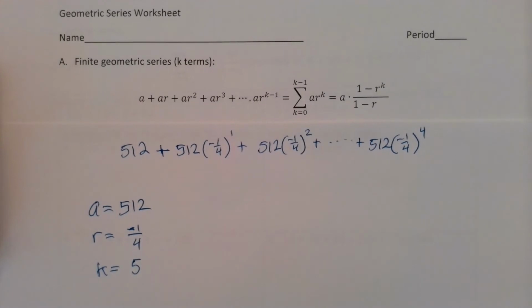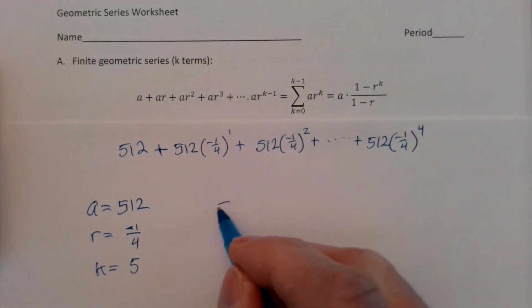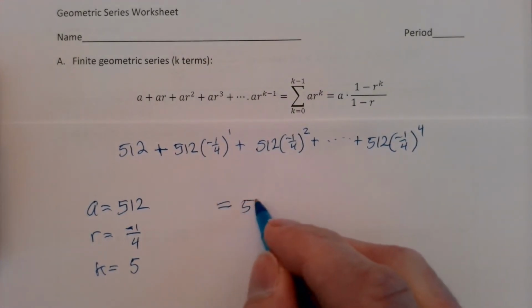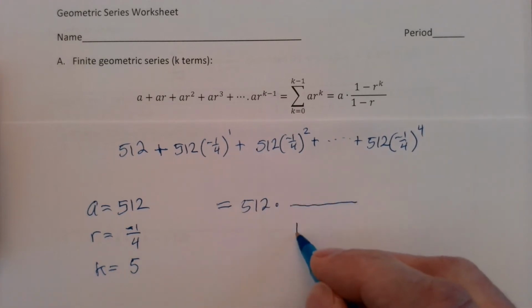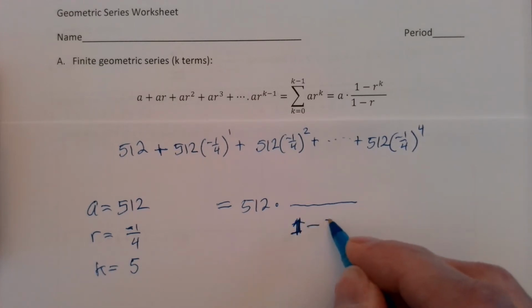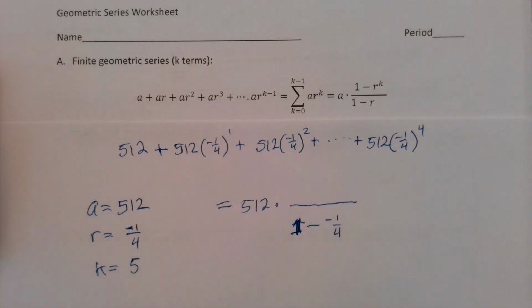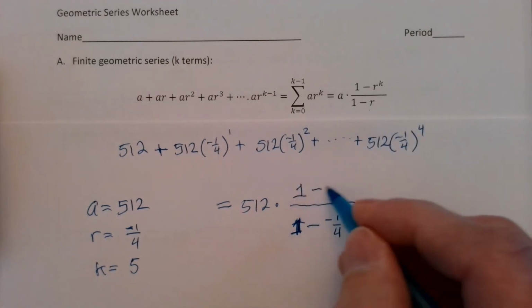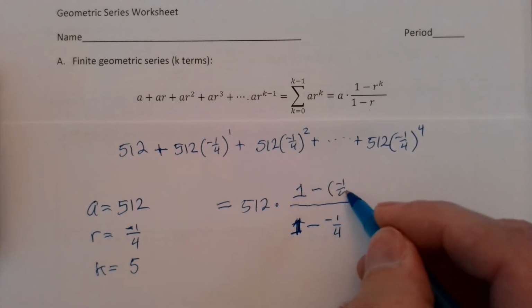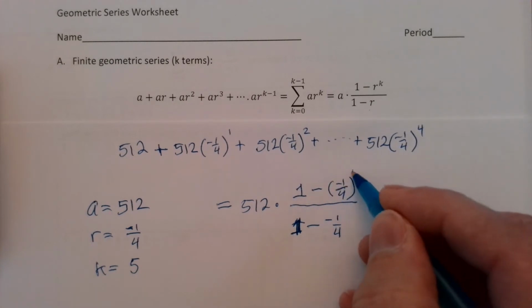Okay. So this series should add up to 512 multiplied by this ratio, where I do 1 minus negative 1/4 on the bottom. That's 1 minus r. And on the top, I also do 1 minus the common ratio. But I raise it to the 5th power.